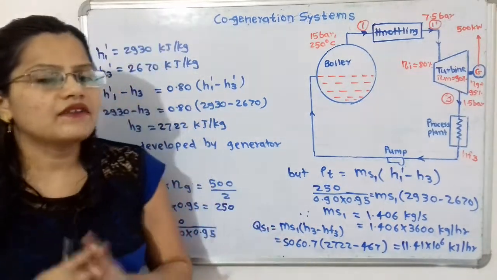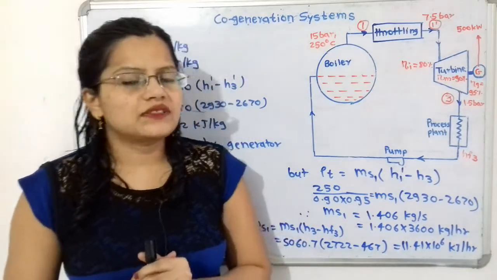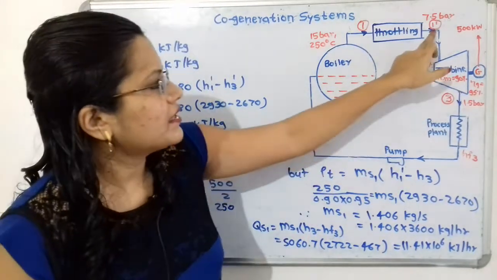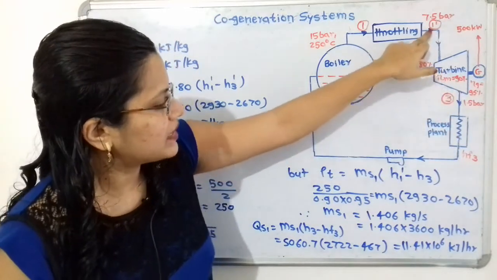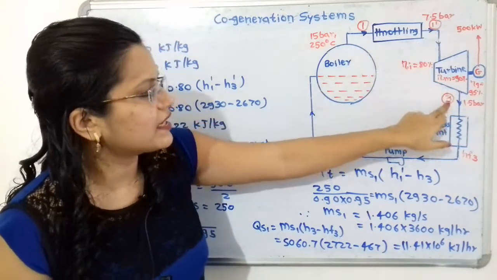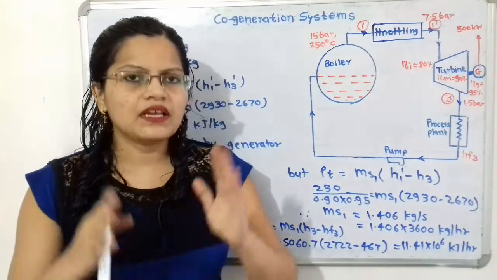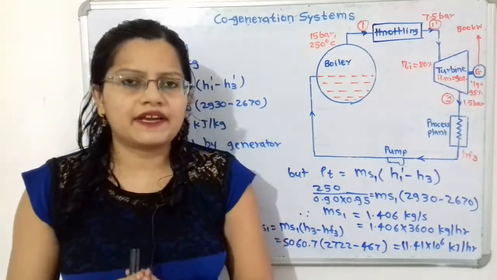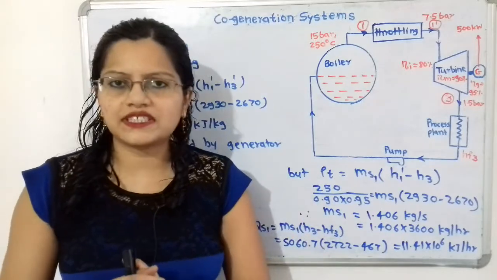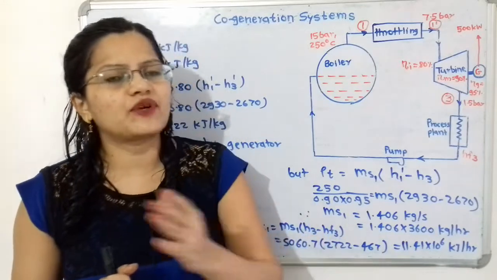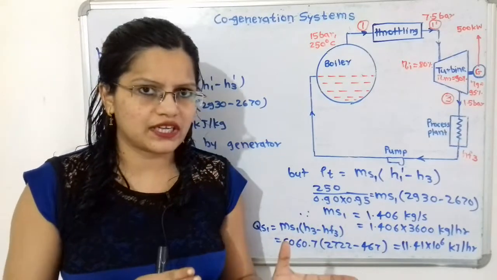But how can we find the power developed by the turbine? It is nothing but the enthalpy difference between point 1 dash and 3 multiplied by the mass of steam supplied. Now for the mass of steam supplied when the throttling process is taking place, we will use MS1, because in the first part we took MS without the throttling process.